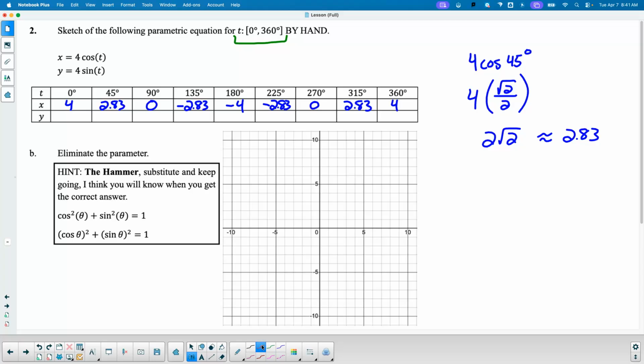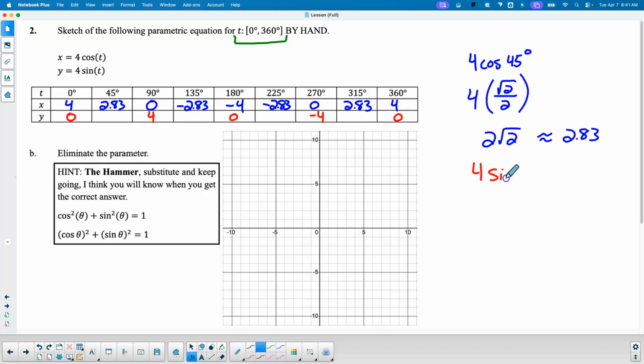Now let's switch over to the sine values. The sine at 0 degrees, 0 times 4, 0. 90, 4. 180, 0. 270, negative 4. 360, 0.